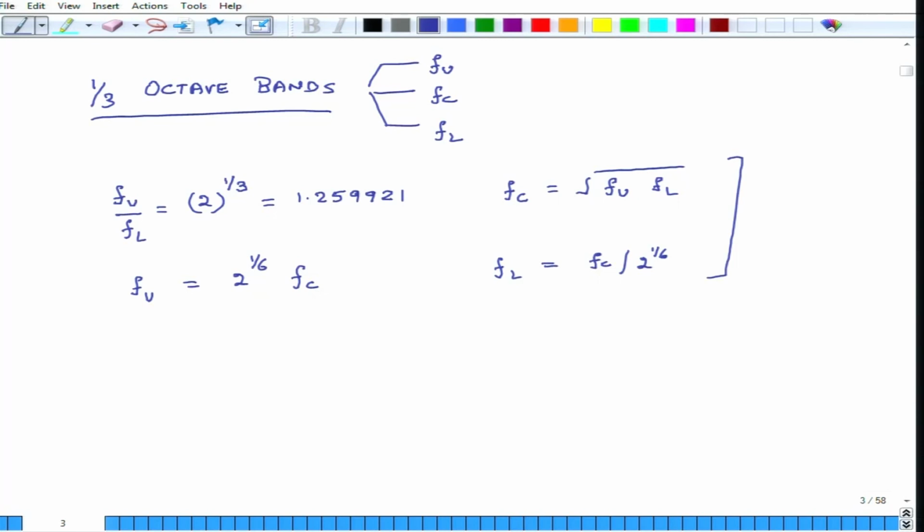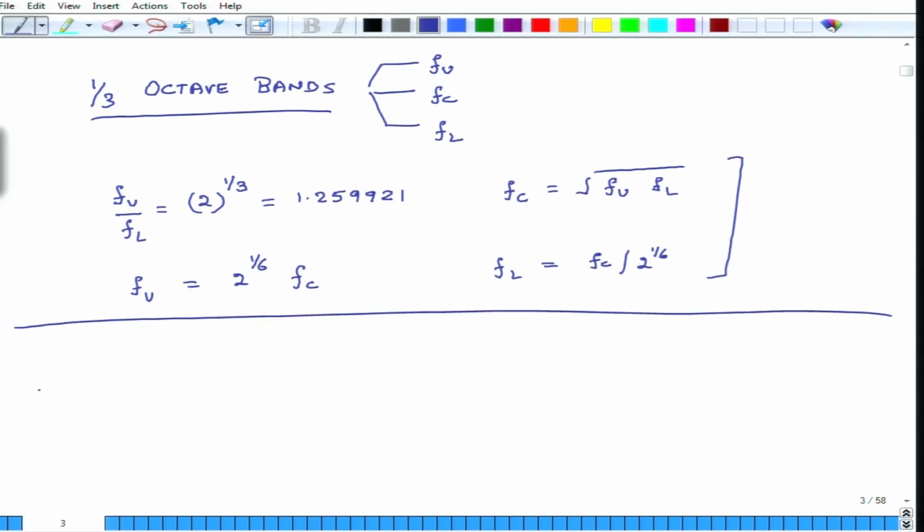If we want to use industry standard octave bands or 1/3 octave bands, this is how we do it. We list the central frequencies Fc. Let us say we start from 1 hertz, then the next central frequency will be 1 times this factor, 1.259921.